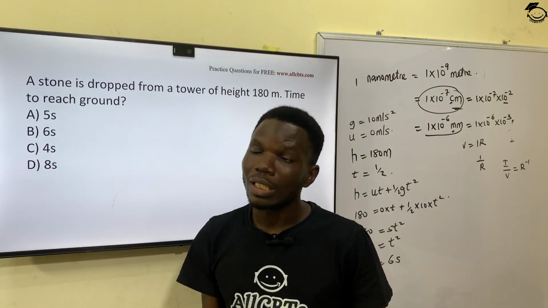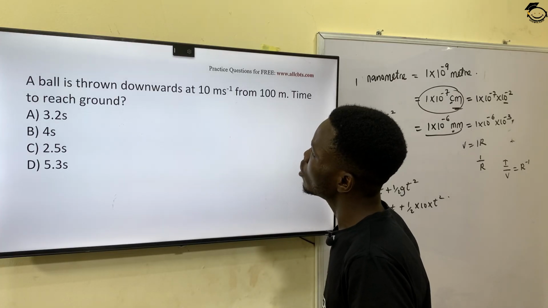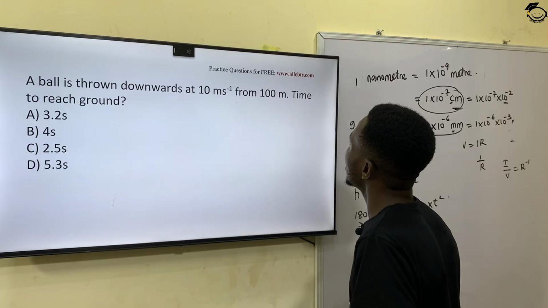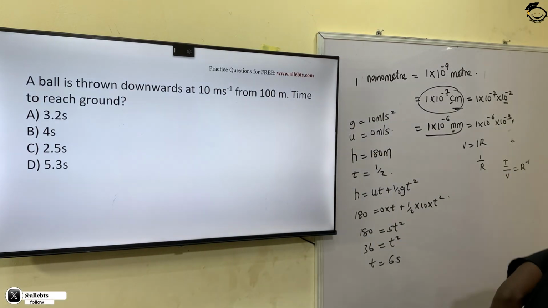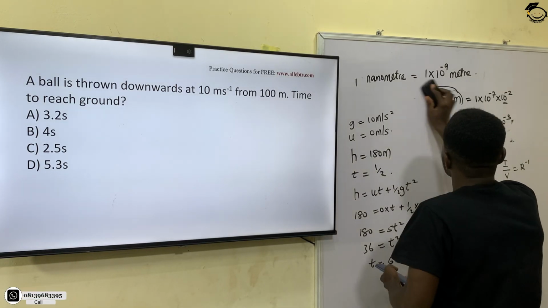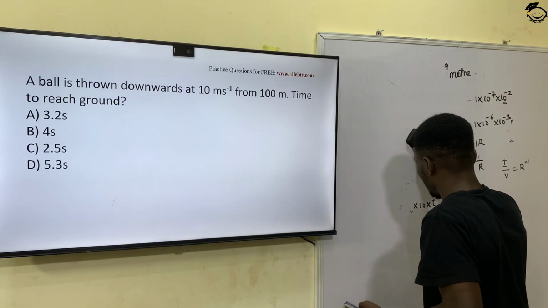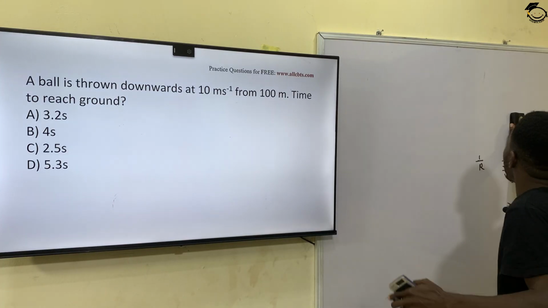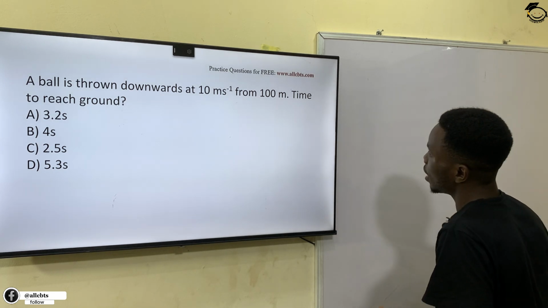So that takes us to the next question, which says a ball is thrown downward at 10 meters per second from 100 meters. Time to reach the ground is that. Now this question is quite different from the one we just solved, because in the previous one, it was dropped from rest, so the initial velocity there was 0.